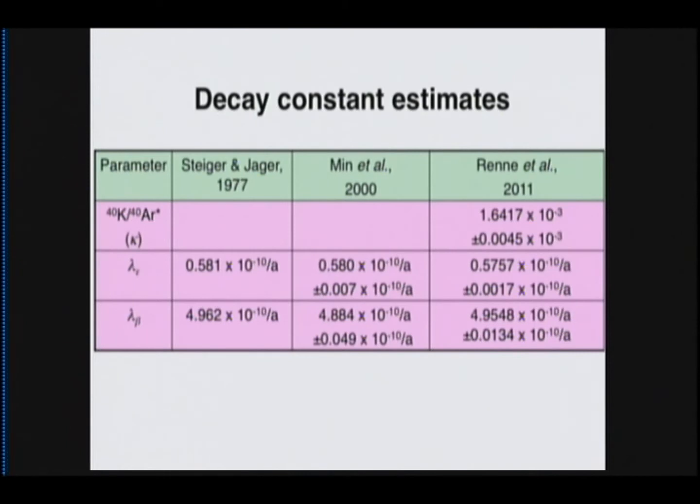So we included these results plus isotope measurements for the potassium-40 to argon-40 ratio for a certain standard, the Fish Canyon Sanidine standard. And then we included pairs of data from uranium-lead and argon-argon, where the argon-argon was based on the same standard, and with very careful criteria for comparison.